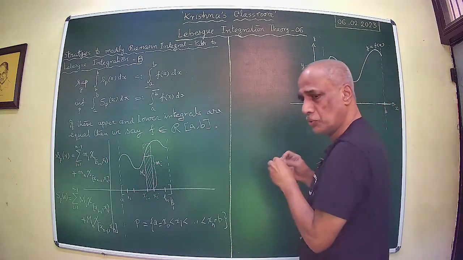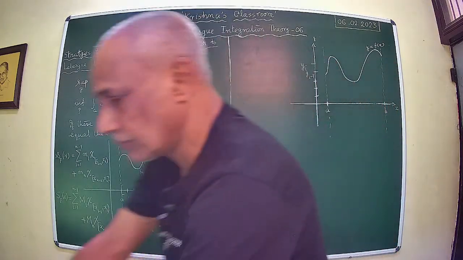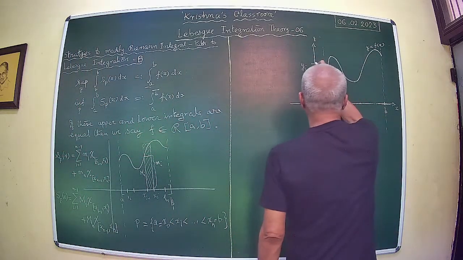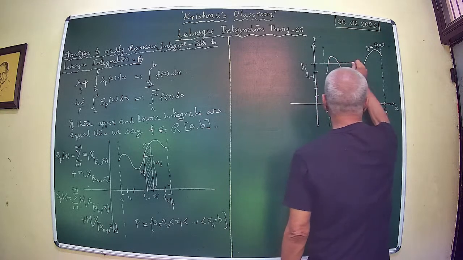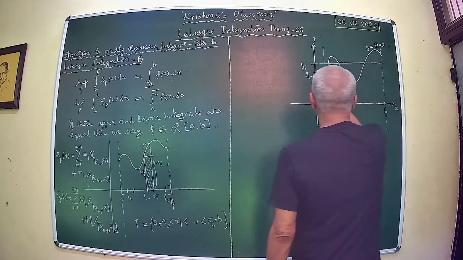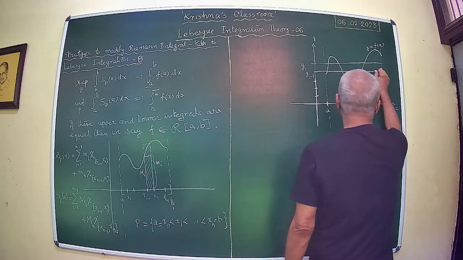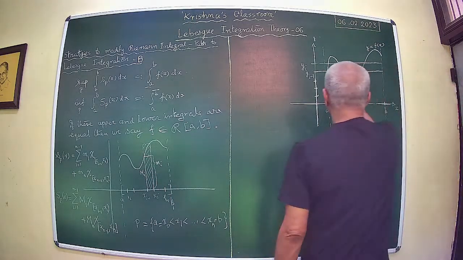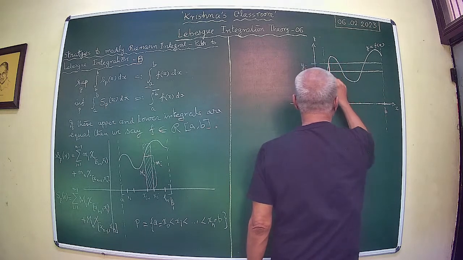Now what we do is the following. We are going to find the pullback of this interval onto the domain. Let us get the pullback.